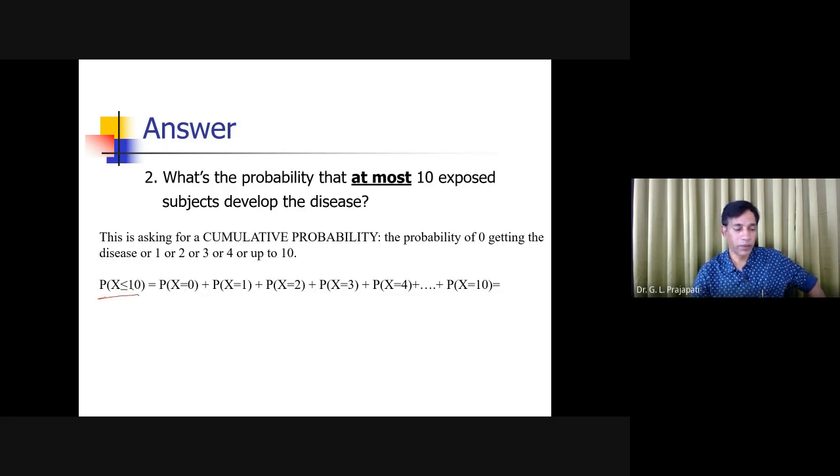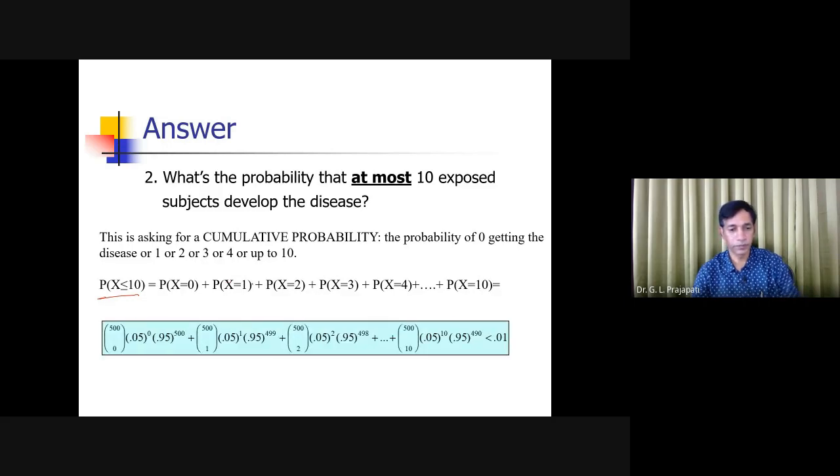When x is equal to 0, no one is having the disease. Then 1 plus 2 plus 3 plus 4, and up to 10. So how can you compute this?